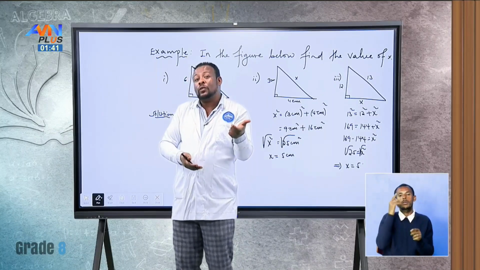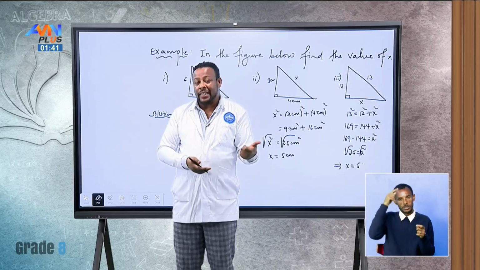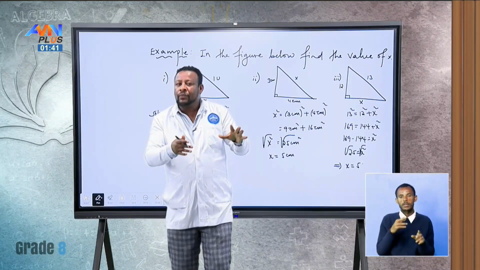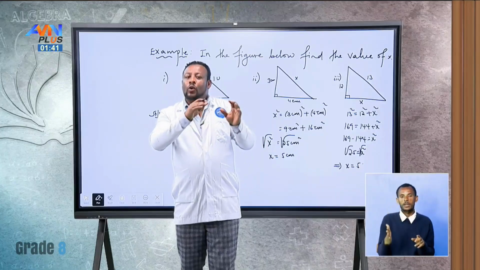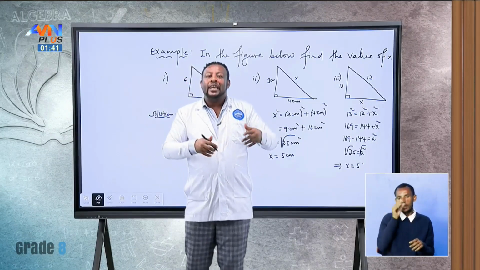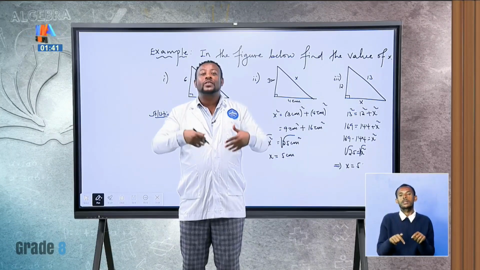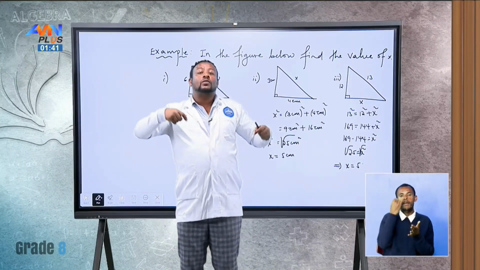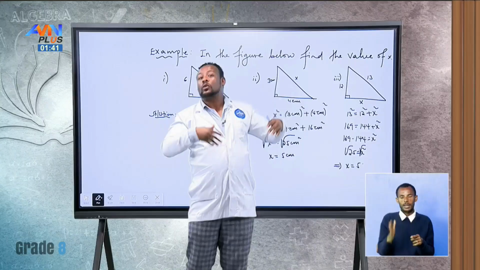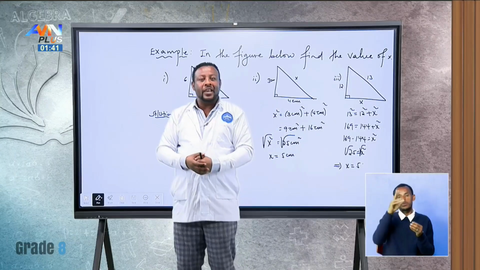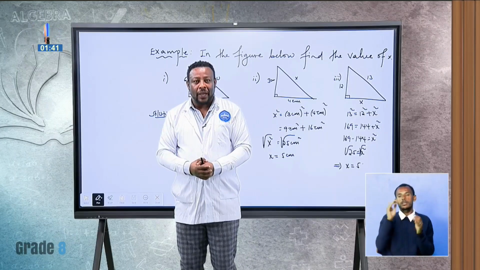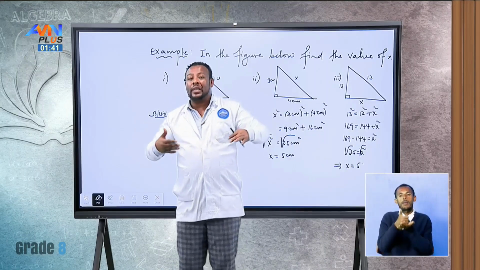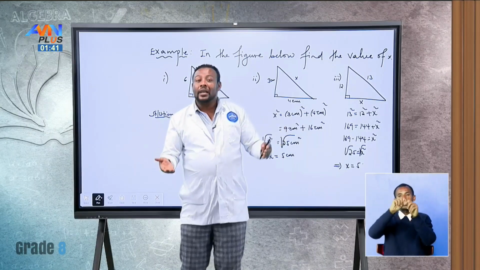The converse tells us that if we have three sides, and the square of the longest side is the sum of the squares of the other two legs, then the triangle is a right angle triangle. So that theorem helps us to identify whether the given triangle is a right angle or not.